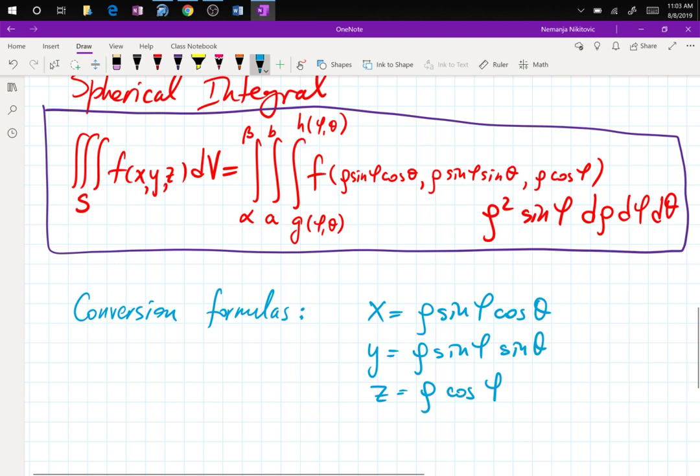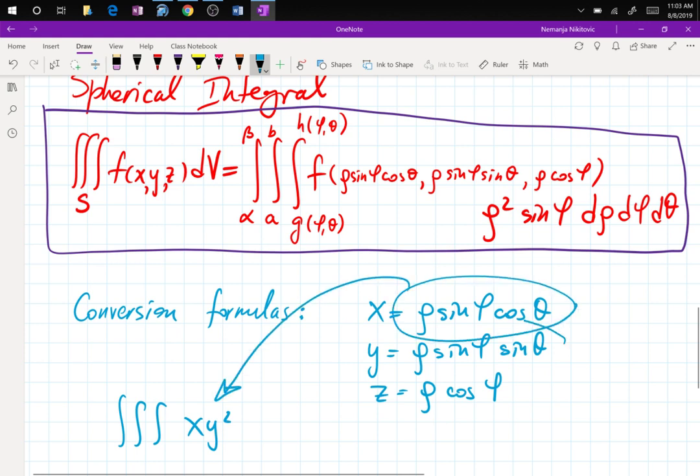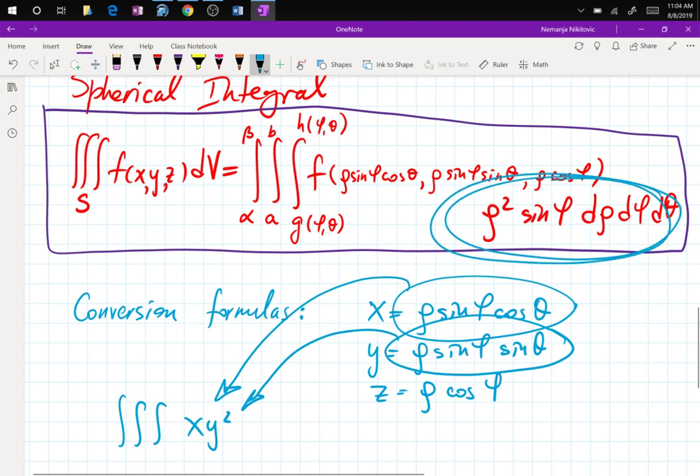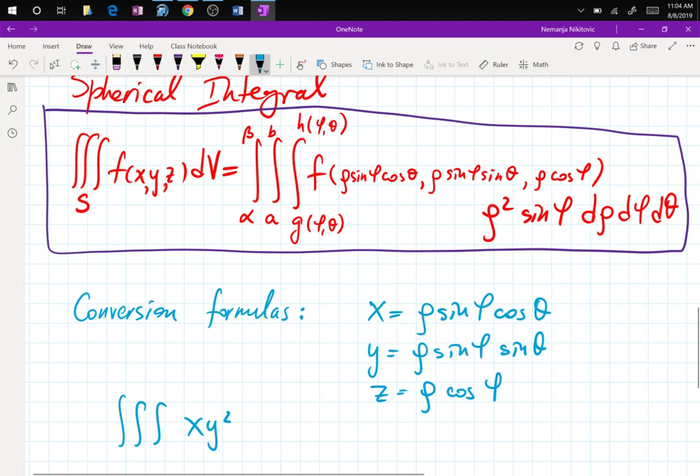These are equations that you can derive looking at those triangles that I drew earlier, and they convert x, y, and z. So if you are to integrate a triple integral of, let's say, x y squared, you will take all of this mess, plug in for x, all of this mess, plug in for y, and square it, work out the algebra, then add the string that you memorize for triple integrals in spherical, and then go from there. Now, obviously, we'll do the example.